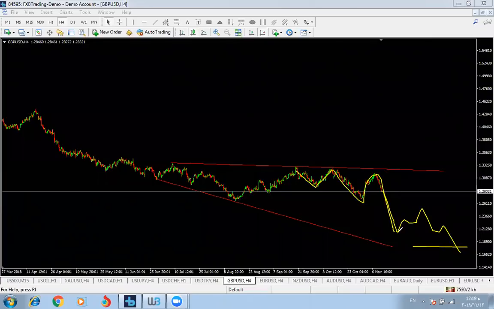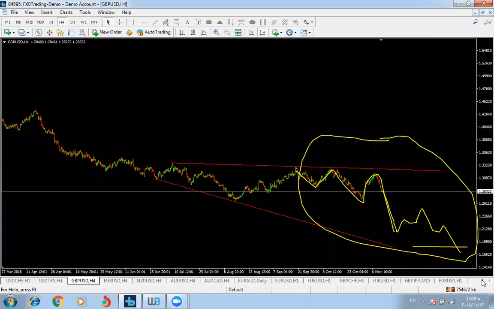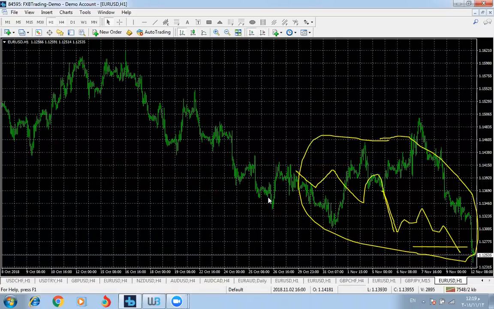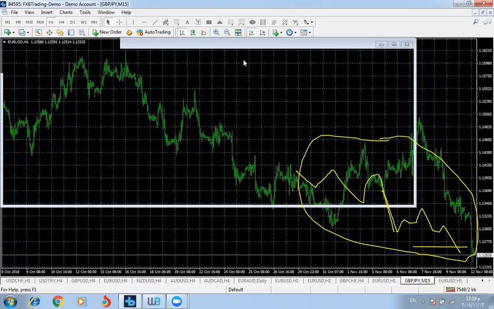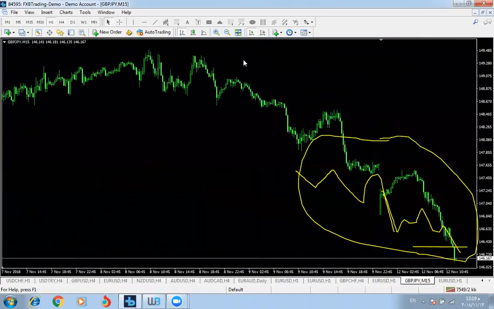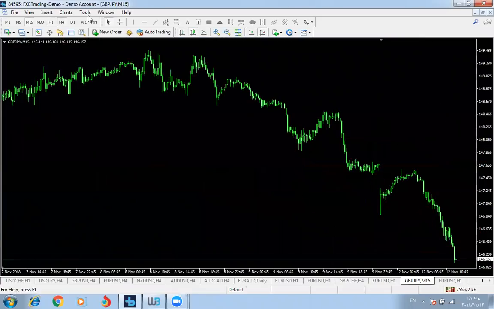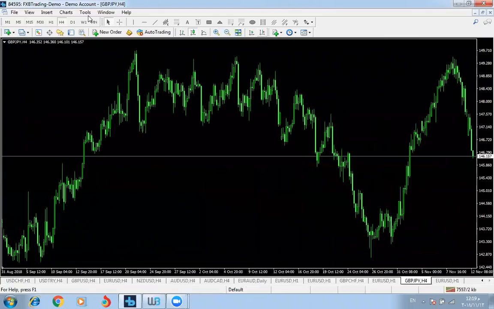So I am expecting to see the pound moving strongly and aggressively to the downside. If you want to trade the pound yen, it is moving in the same direction.